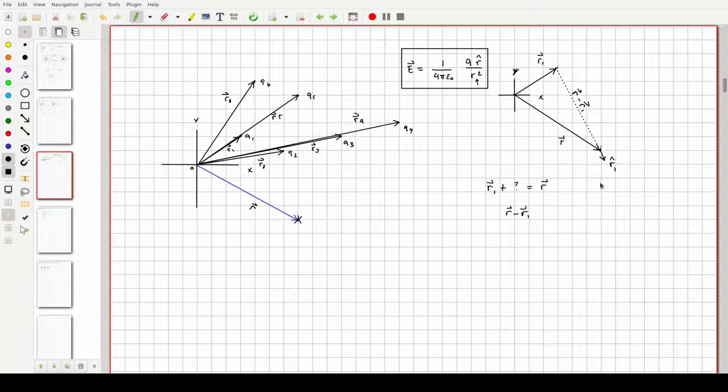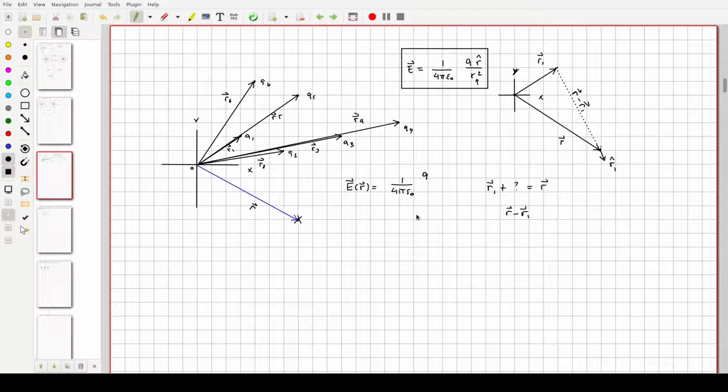Okay? So graphically, the way we would typically write this is that my electric field at location R, right there, is equal to 1 over 4 pi epsilon naught. So there's that.